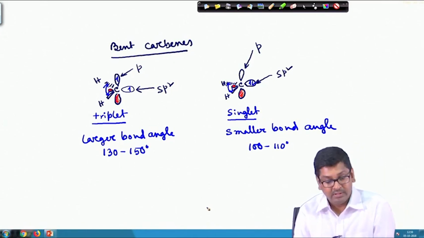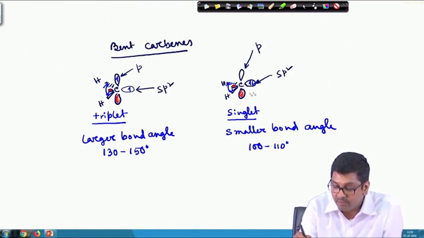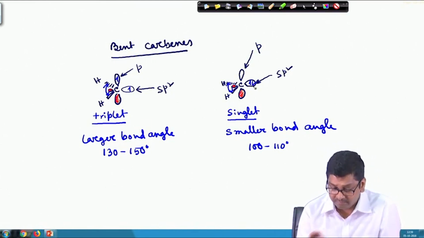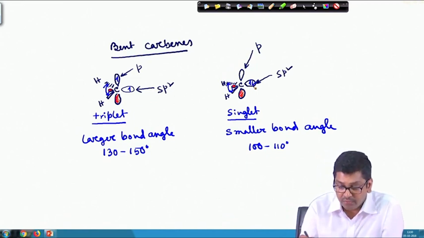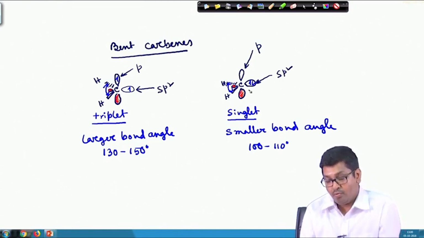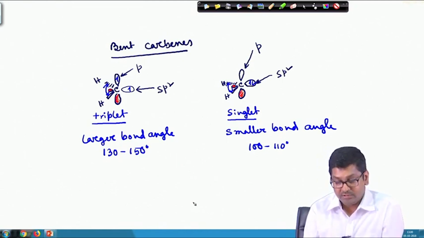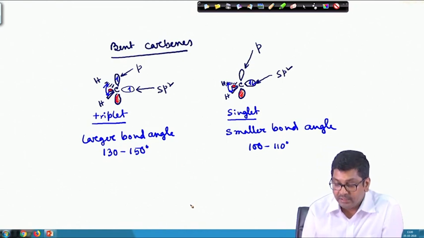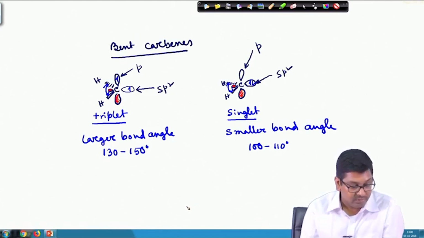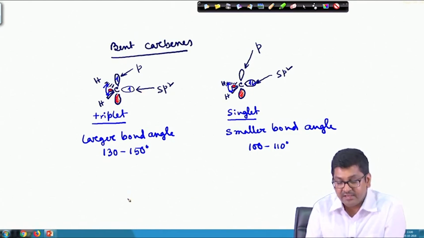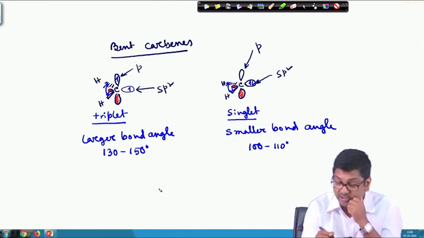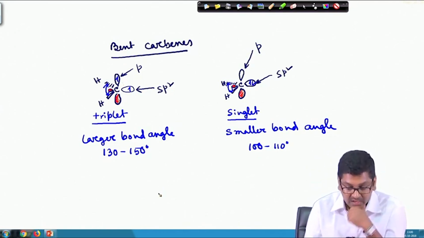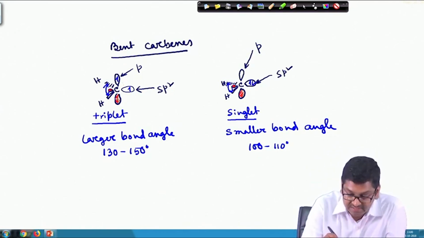So, definitely the number of electrons is creating this difference. If you see here for singlet, there is one pair of electrons, they have paired up. And in this case, there is only one electron in this sp2 and another one electron is in p.